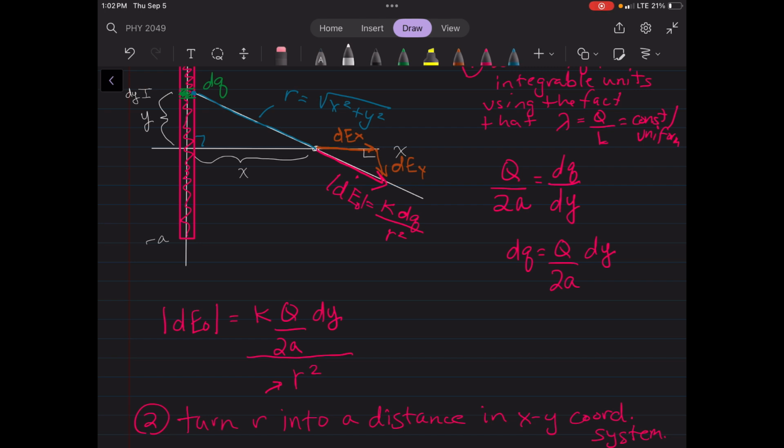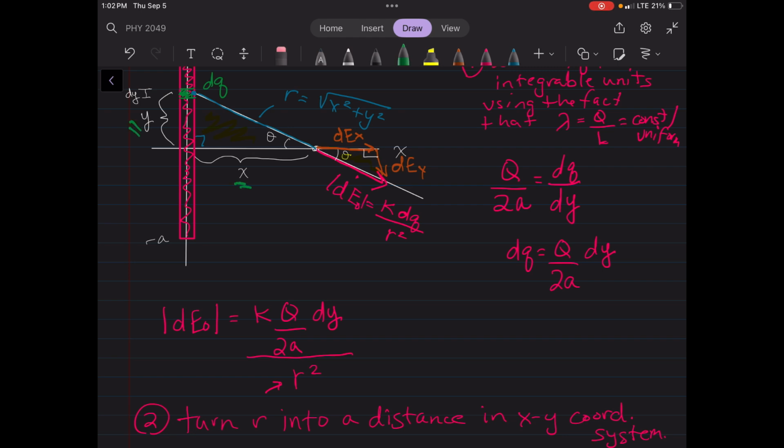So if this is a right triangle, and we define this angle as theta, then this can also be theta, right? They're equal angles, so therefore we have two similar triangles. Here's one, here's the other. We can use that to our advantage in order to express dEx and dEy in terms of knowns in the problem. We know this and we know this.